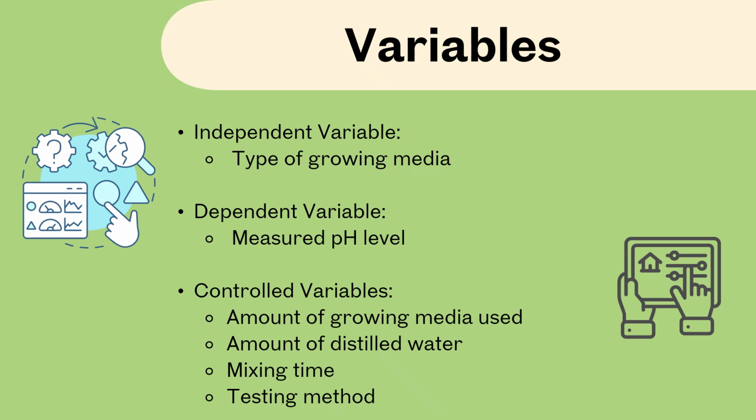The dependent variable, I mean, what exactly you're looking for in these areas. For the dependent variable, we're looking at the measure of the pH level, and then our control variables, we're looking at the amount of growing media used, the amount of distilled water, the mixing time, and the testing method.